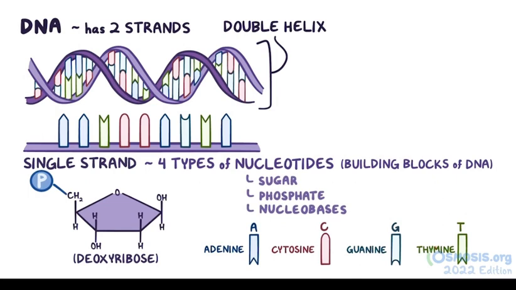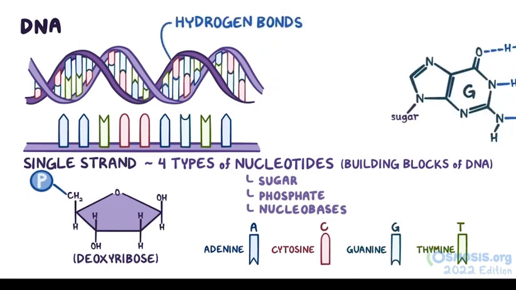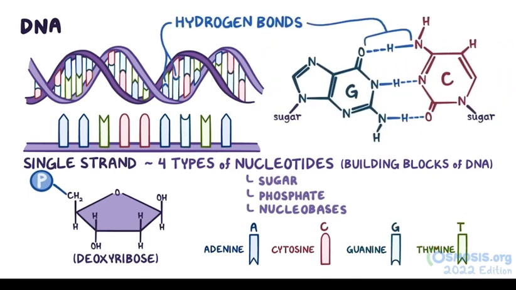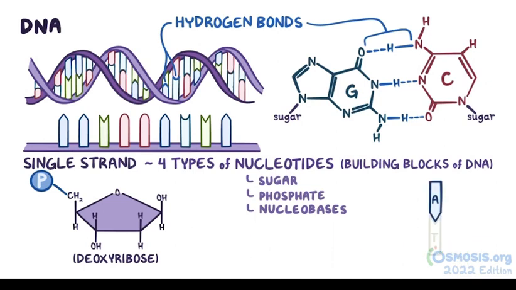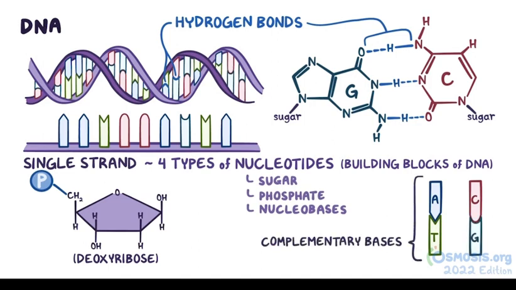The nucleotides on one strand pair up through hydrogen bonds with nucleotides on the opposing strand to create a double-stranded DNA. Specifically, A bonds with T and C bonds with G, so they're called complementary bases.